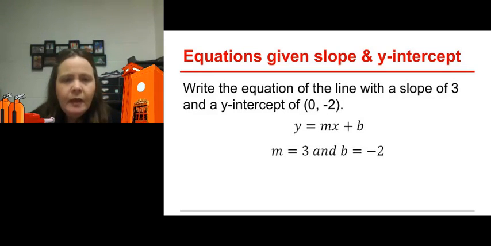So m is 3 because that's the slope, and it says my y-intercept is at 0, -2. Well, that means that I am at -2 on the y-axis, so my b is -2. And now I'm just going to substitute those values into the equation. So I keep the x and the y, and I just put 3 in the place of m and -2 in the place of b, and that gives me y equals 3x minus 2. All right? Now, again, I said that was the easiest case scenario. They're just giving you the numbers and you plug them into the equation.